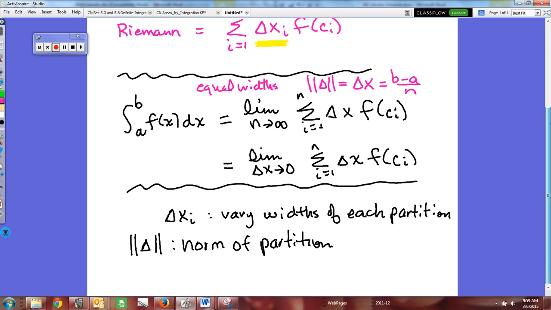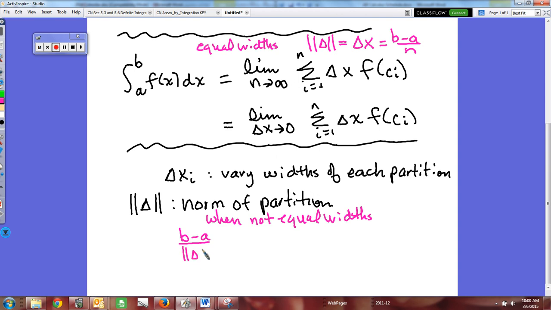Now, when they are not equal widths, the norm of the partition is going to be related to the subintervals in the fact that if you take b minus a and you divide by this norm, so I need more room here, and I divide by what this norm is, it's always going to be less than or equal to n.